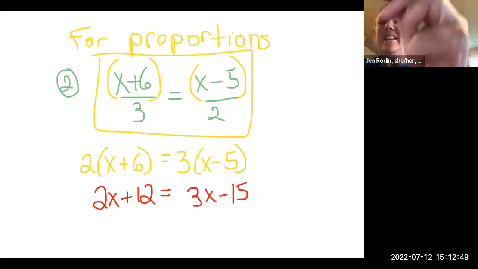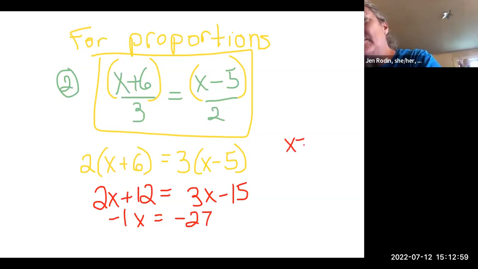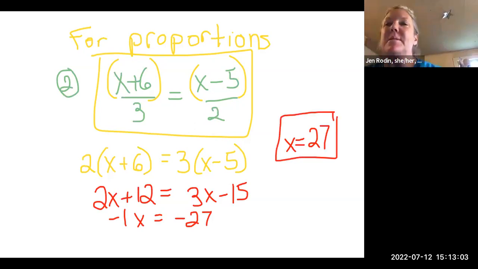And then the old equation solving skills come along. Negative 1x equals negative 27. So x equals 27. See, that's not that easy of an equation, but the steps aren't too bad. It's just a little bit different of a feeling.